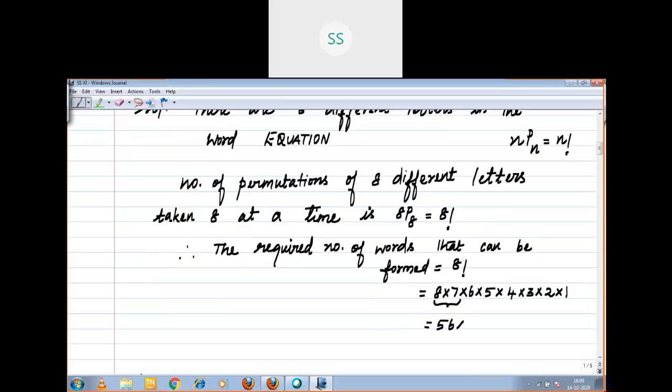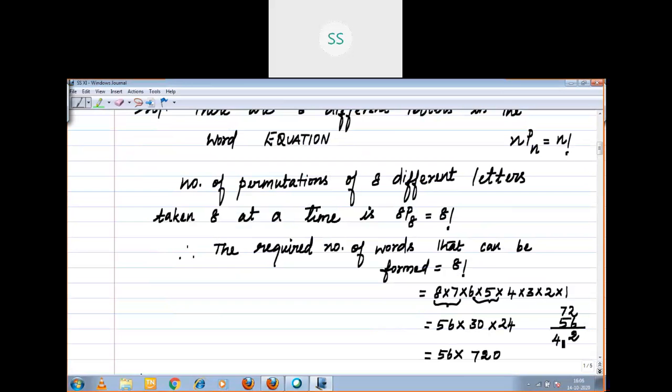Now you see, 8 sevens are 56, 6 fives are 30, 4 threes are 12, 12 into 2, 24. Then 56 into 12, remaining 1, 7, 20.